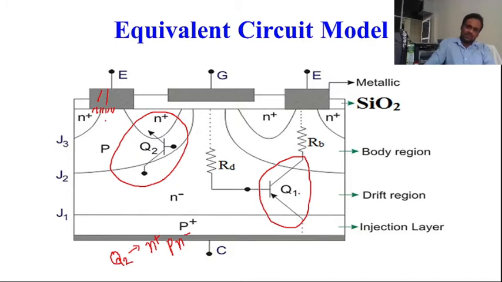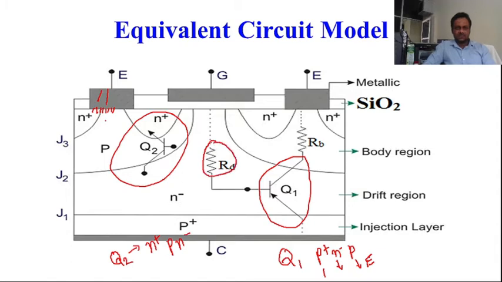Other side, coming to Q1, this is P plus, N minus and again P. So this P plus is your emitter, N is your base, and this N layer is represented as RD, resistance of the drift region.